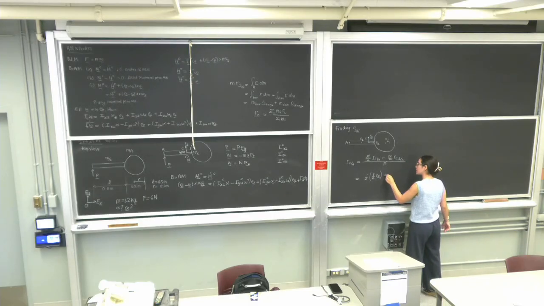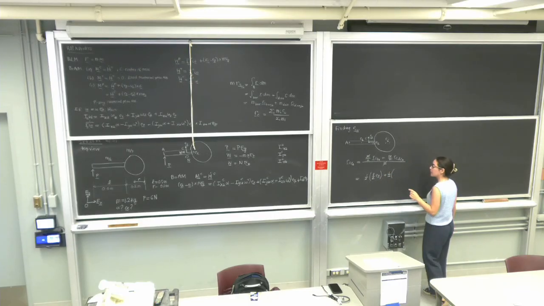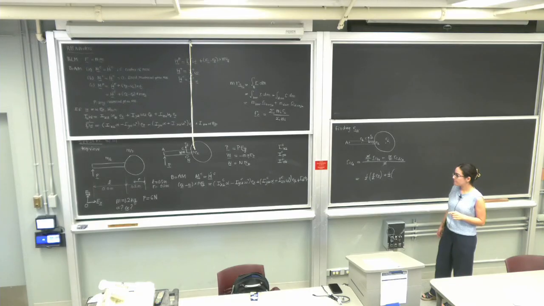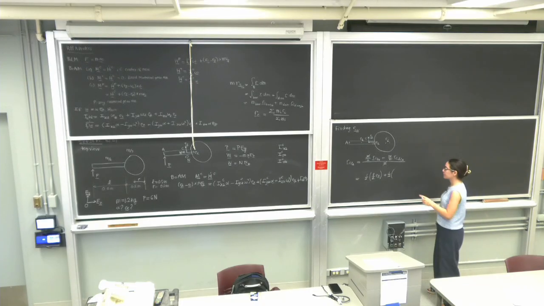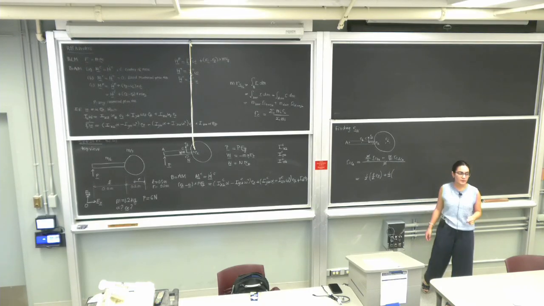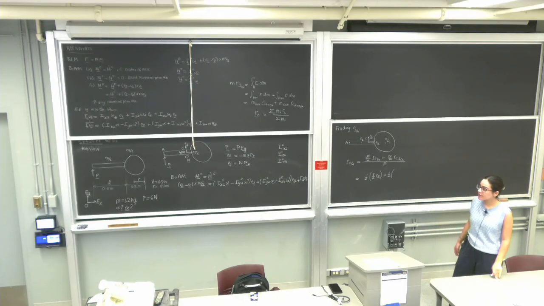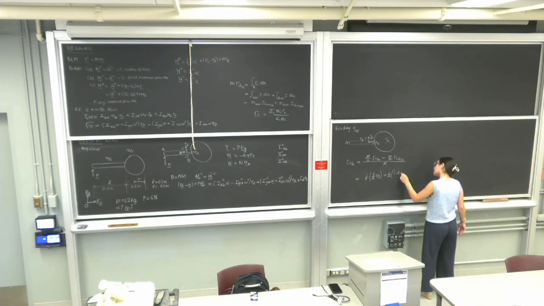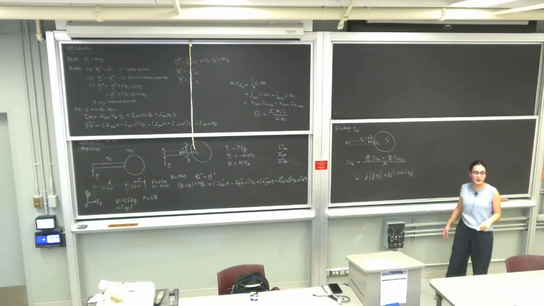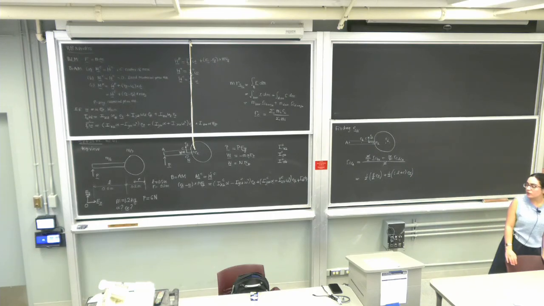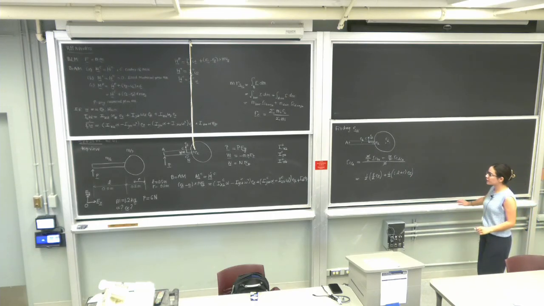What's the second one? In terms of R and L, that's equal to what? Raise your hand if you agree with this. Okay, cool, awesome. So this is my position vector of the center of mass.